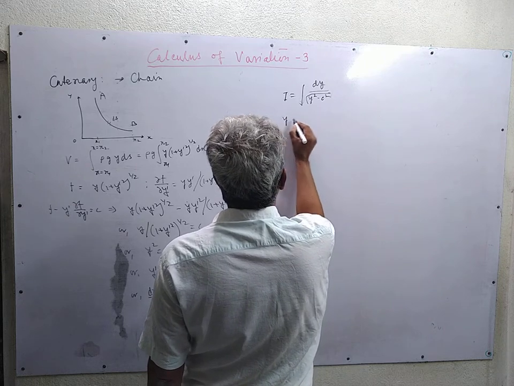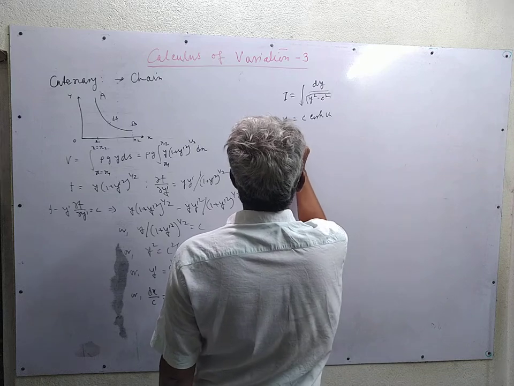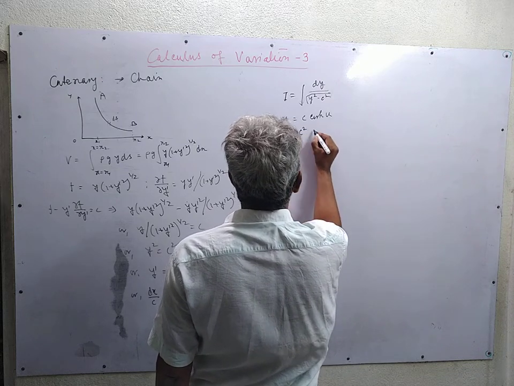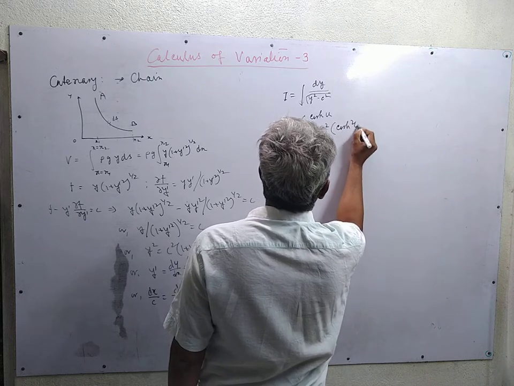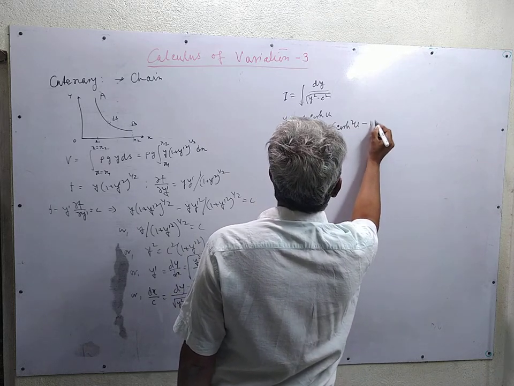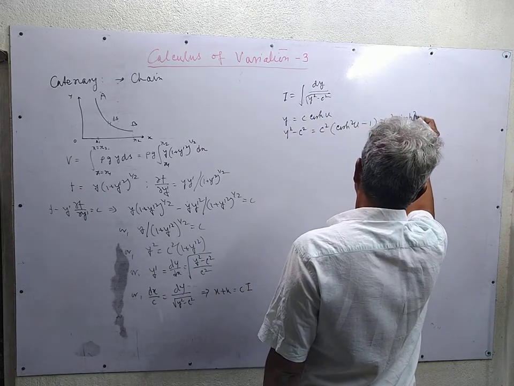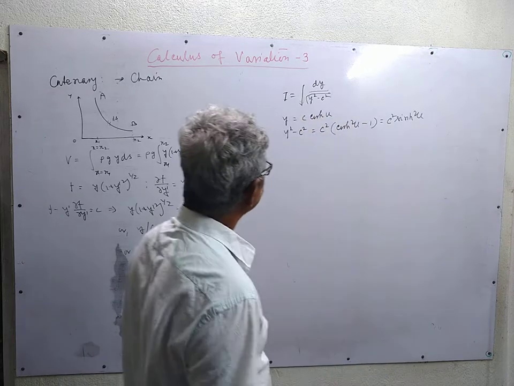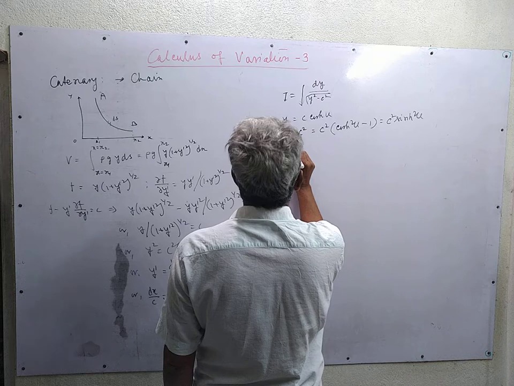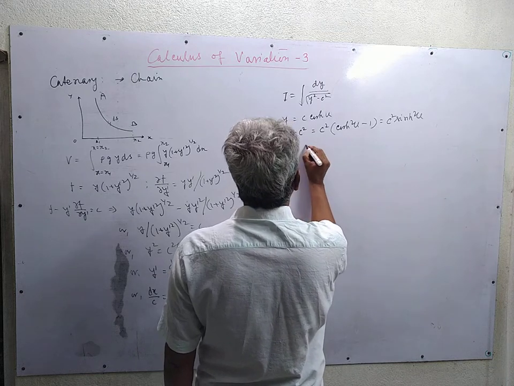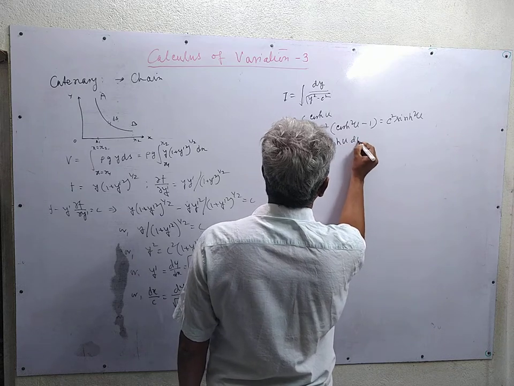We substitute y equal to c cosh u, so that y square minus c square is equal to c square times cosh square u minus 1, which is c square sinh square of u, and dy is equal to c sinh u du.